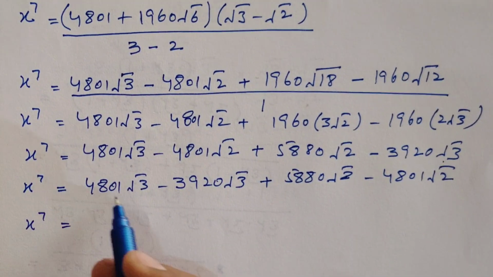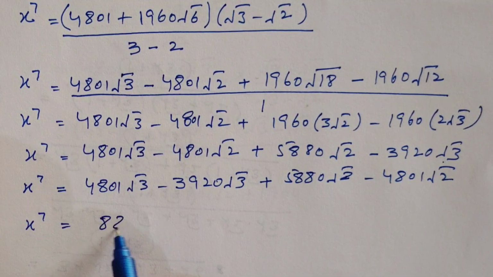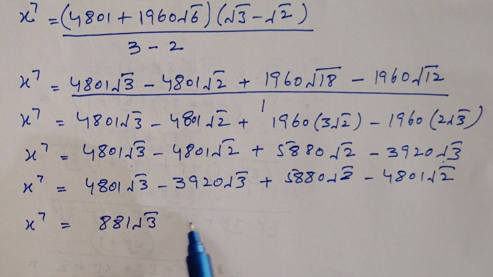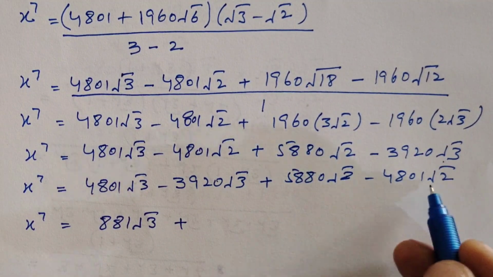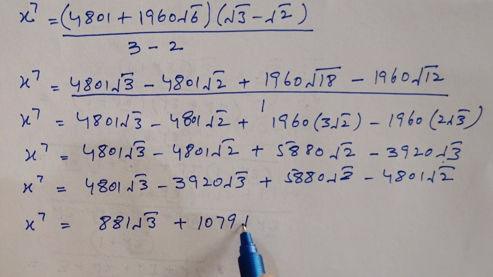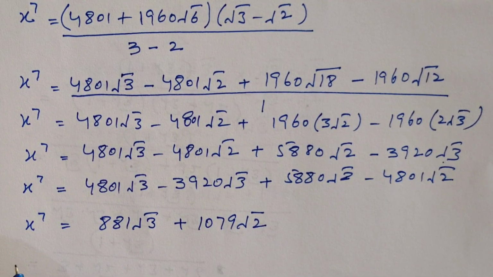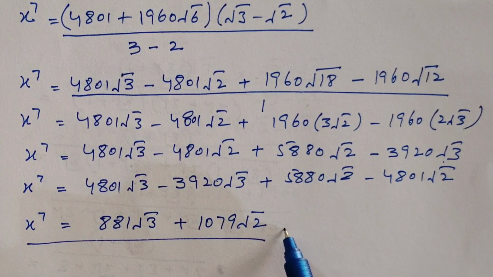X to the power 7 is equal to, when we subtract this one we get 881 square root of 3 plus, from this one we get 1079 square root of 2. Now this is the simplified answer of this equation.